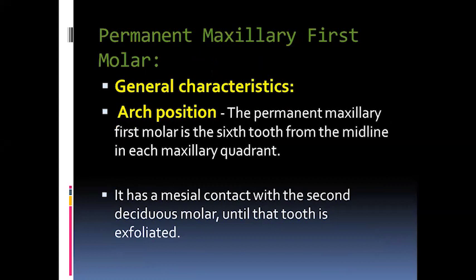Permanent maxillary first molar, general characteristics. First of all, arch position. The permanent maxillary first molar is the sixth tooth from the midline in each maxillary quadrant. It has a mesial contact with the second deciduous molar until that tooth is exfoliated.